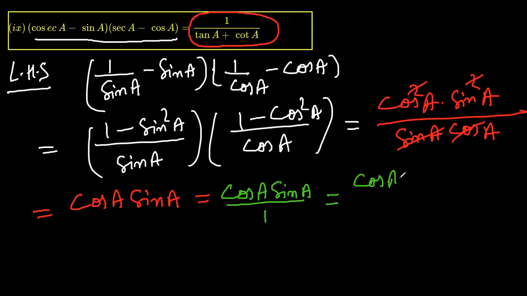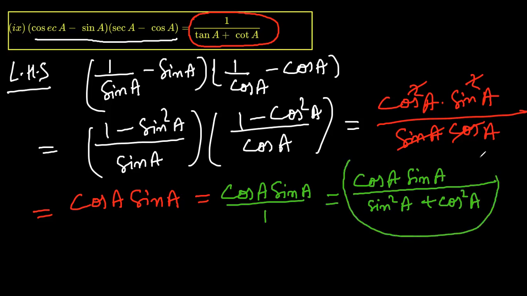So this is cos A sin A, and in place of 1 we are going to write the identity sin square A plus cos square A. 1 can be written as sin square A plus cos square A. Now look at this, we have to show it like this.